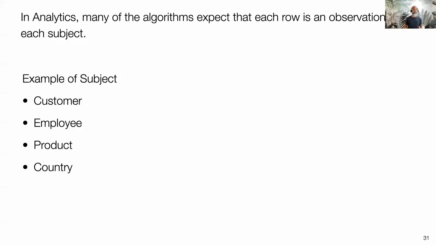And in analytics, of course in exploratory, but even without exploratory, typically the analytics algorithms, let's say clustering or something, many of the algorithms expect that each row is an observation for each subject. What does that mean? What's the subject? Subject can be customer, employee, product, country, whatever you're interested in, right?